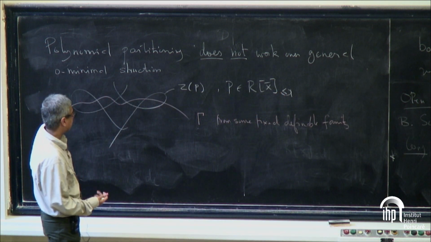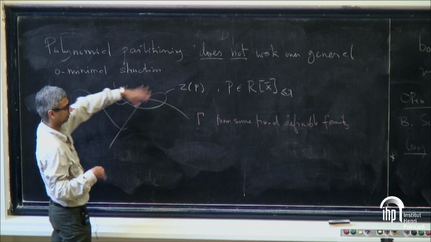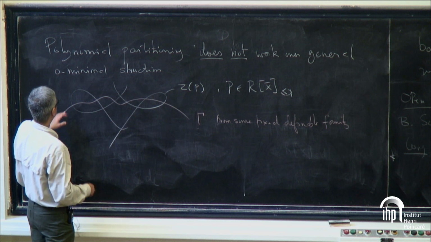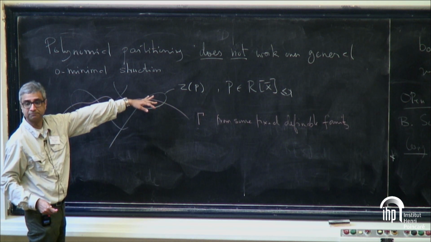Well, you would have to know a bound on the number of connected components, or at least in the case of the plane, you need to know a bound on the number of points that the curve meets this variety of degree d.